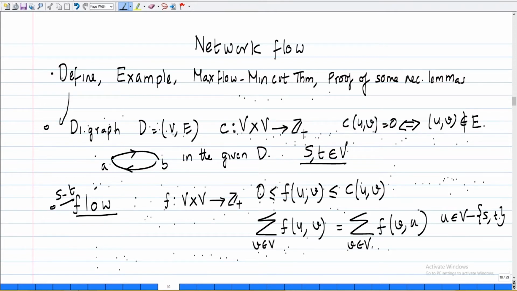That's a conservation condition. So that's exactly what is stated here. Any such function is called a flow, an ST flow. Except at S and T, this conservation must be satisfied. The value of the flow cannot exceed the capacity, and it cannot be negative.